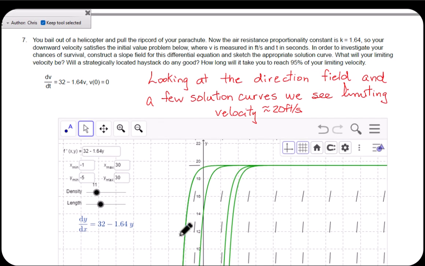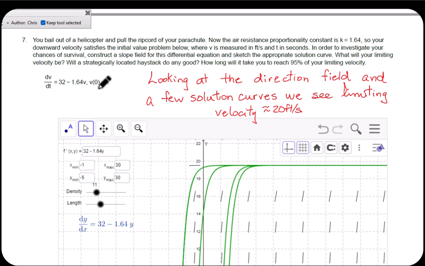All right, in question 7, we jump out of a helicopter and pull the ripcord of our parachute. Through trial and error, hopefully they didn't use real people, the air resistance proportionality constant is 1.64. So your downward velocity satisfies this particular differential equation. We're just falling out. We're not trying to jump faster, so my initial speed is 0.